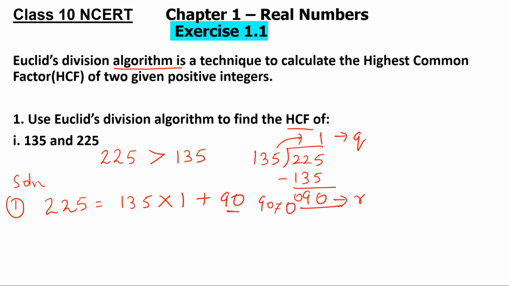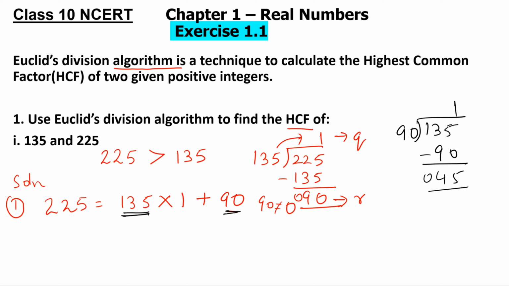In the second step, 135 becomes the new dividend and 90 becomes the divisor. So 135 and 90, 90 ones are 90, subtract, and we get 45.